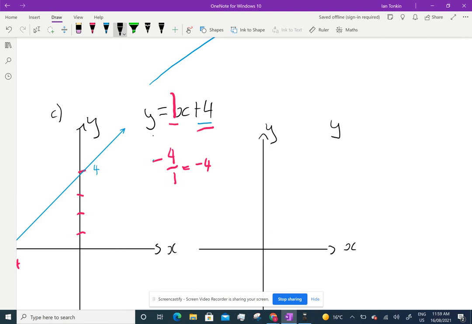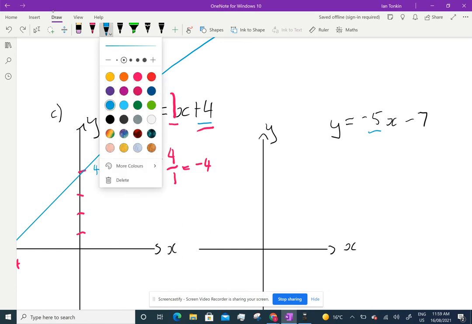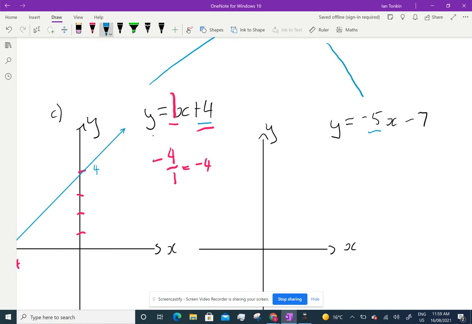Write the equation, y equals minus 5x minus 7. Straight away, I see it's got a negative gradient, so it's going down. But it's going down really steeply. So this is going to be very steep. -5, it's a big number. Also, it's going through -7.